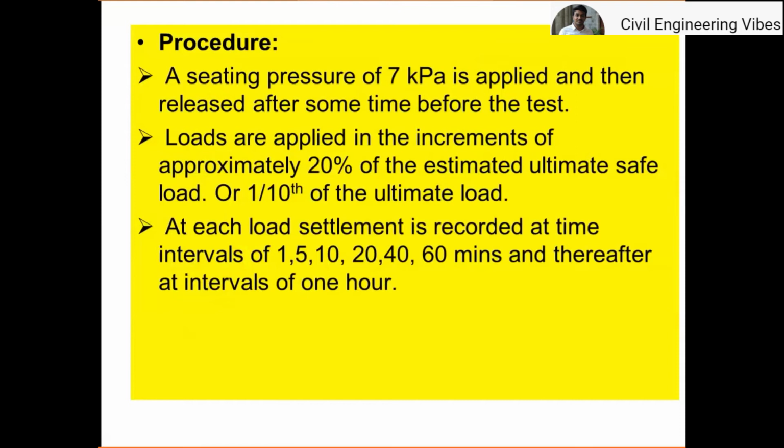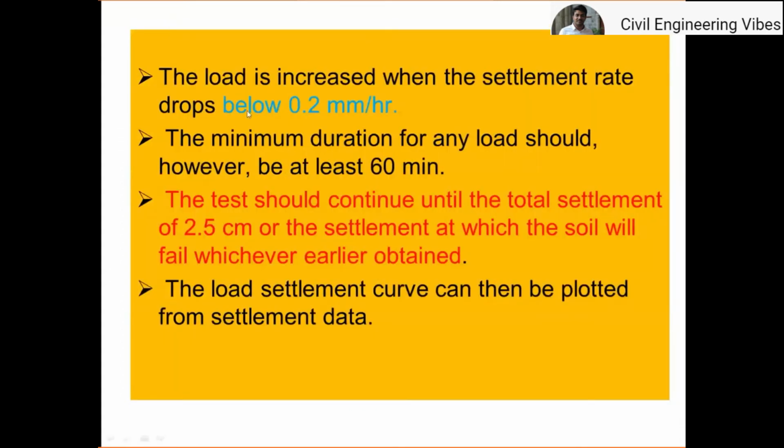The settlement is recorded after 1 minute, 5 minutes, 10 minutes, 20 minutes, 40 and 60 minutes, and further at intervals of 1 hour. These hourly observations are continued for clay soils until the rate of settlement is less than 0.2 mm per hour. The test is conducted until failure, or at least until a settlement of about 25 mm has occurred.